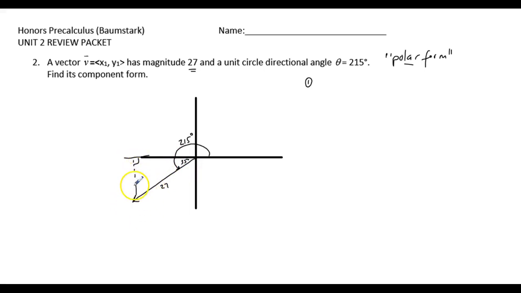The length of this side here, since it's opposite the angle, we're going to use the sine function. So sine of 35 degrees is going to be, we'll call this distance y, over 27.